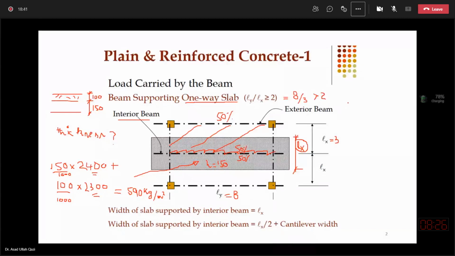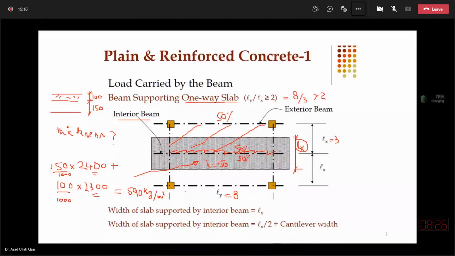So on your working drawing, you can easily decide that this is a slab system which is one way, and for this interior beam I have to calculate the loads by using the transverse dimension multiplied with the pressures to get the load on the beam.